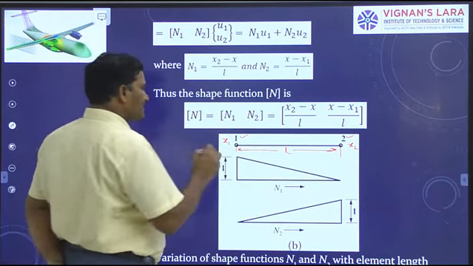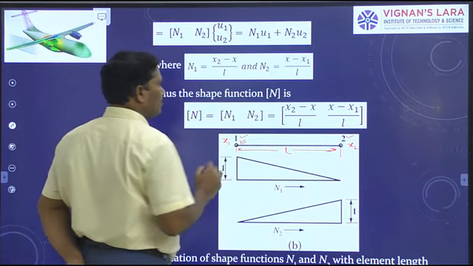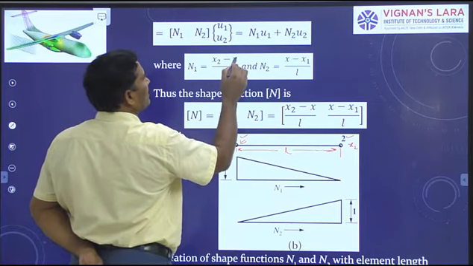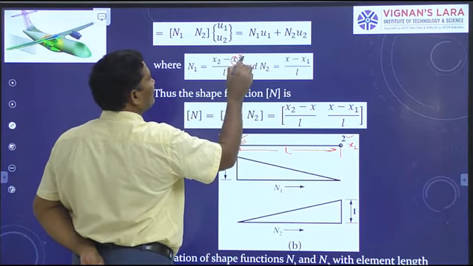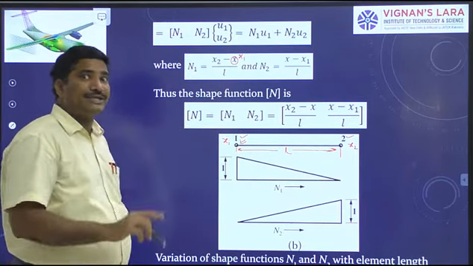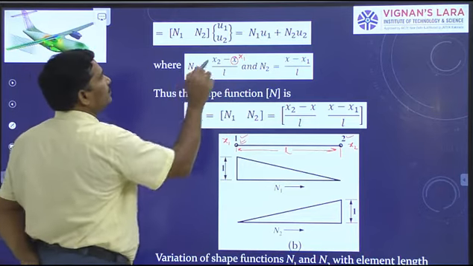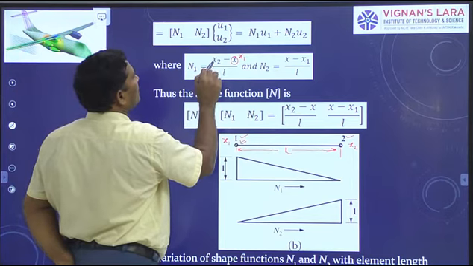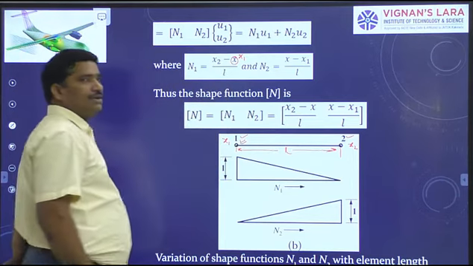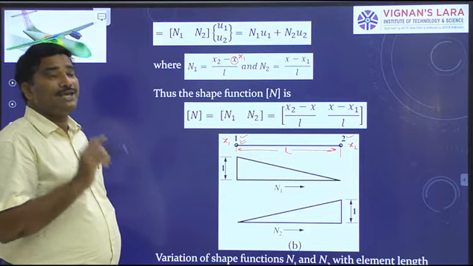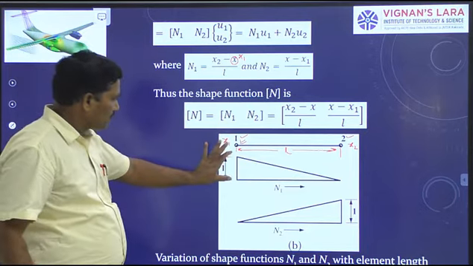Therefore, at x equal to x1, that is at node 1, in place of x, put x1. Then N1 equals x2 minus x1 by L. What is x2 minus x1? L. Hence, N1 equals L by L. You get 1 unit.